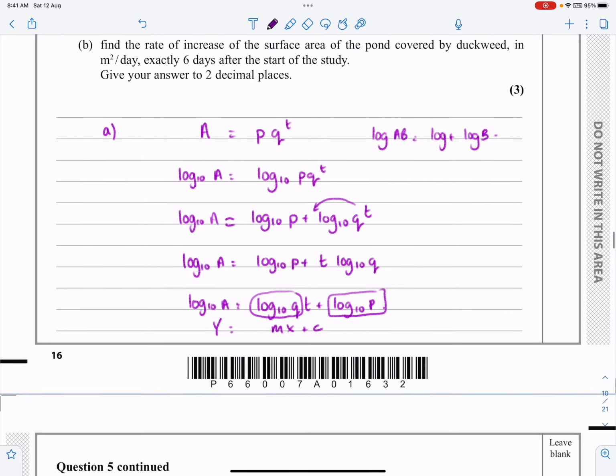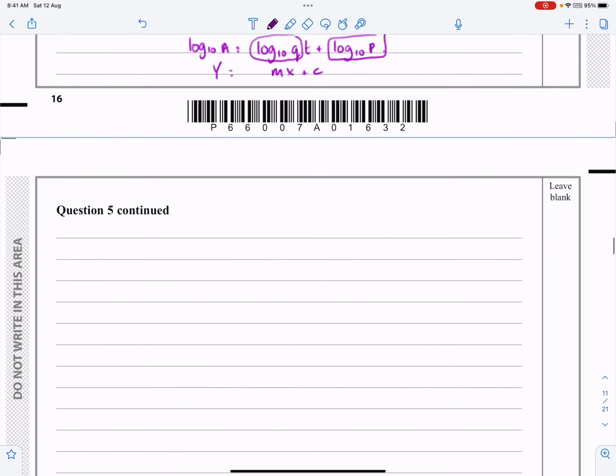So for the intercept, log 10 p is going to be equal to 0.32, and the gradient log 10 q is going to be 0.56 minus 0.32 divided by 8, whatever that works out to be.